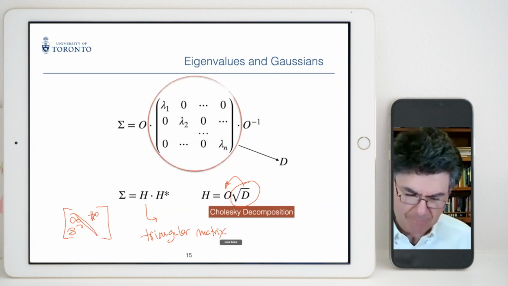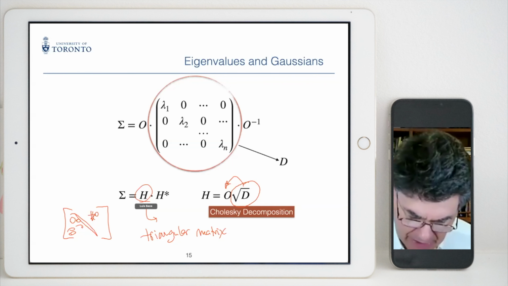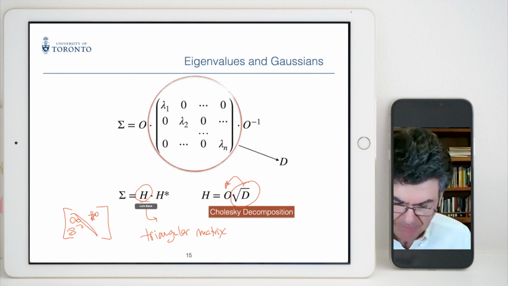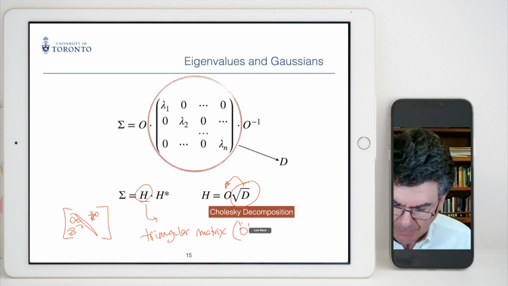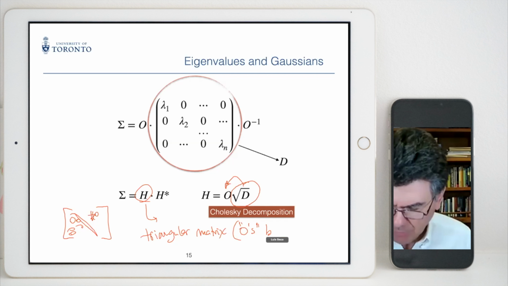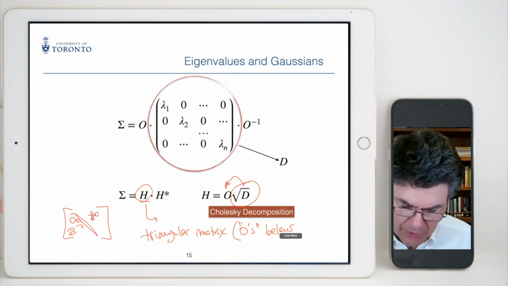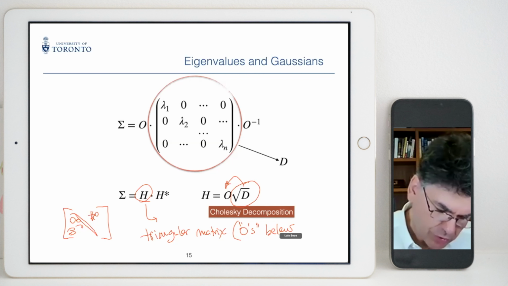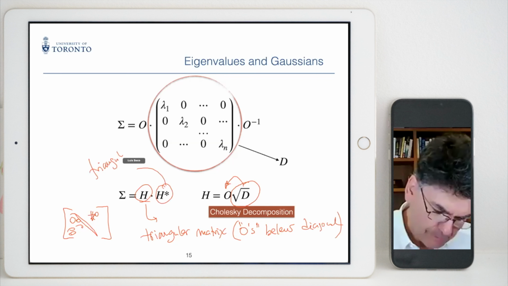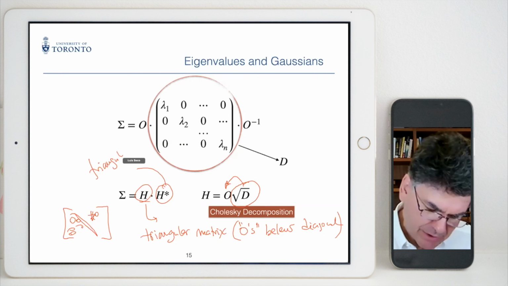The Cholesky decomposition is H, a triangular matrix, which means it has zeros below the diagonal, or its transpose, which is also triangular, and this one has zeros above the diagonal.